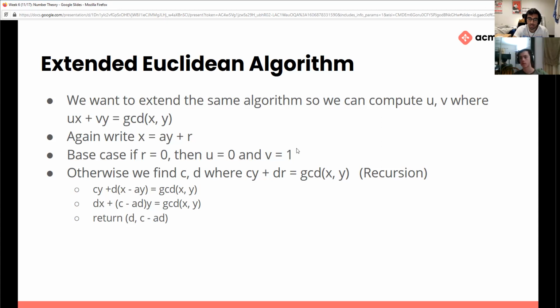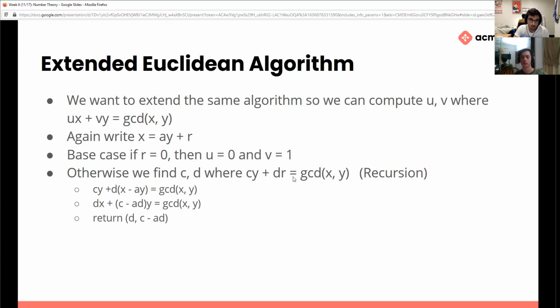Otherwise, we can find C and D where cy plus dr is the GCD of x and y because of the recursion property, and we know that r is smaller than y. So we can recurse and find C and D. And once we know C and D, we can just do some algebra and rewrite what cy plus dr means, right?